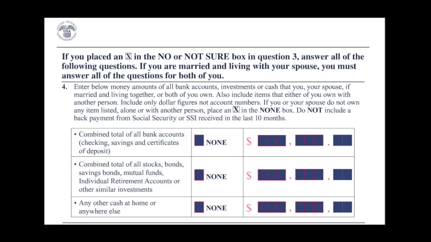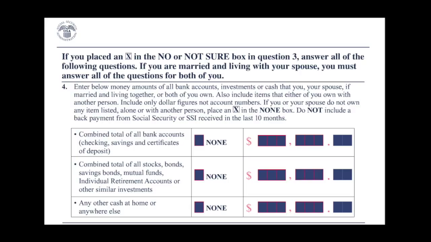On the second part of question 4, you would list any combined stocks, bonds, savings bonds, mutual funds, IRAs, or similar investments. If they do not have any of these, you would put an X in none. The last part of question 4 asks if they have any other cash at home or anywhere else. If they do not have money in that category, you would put an X in none.